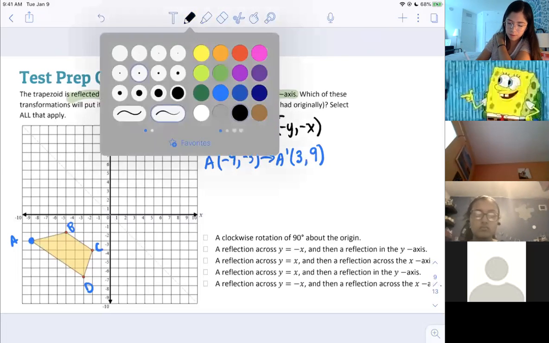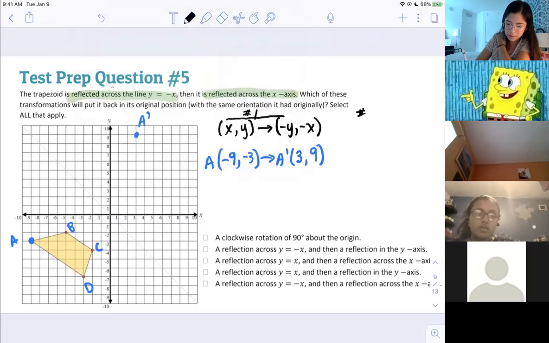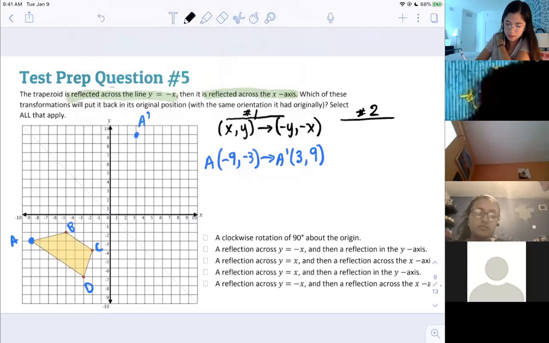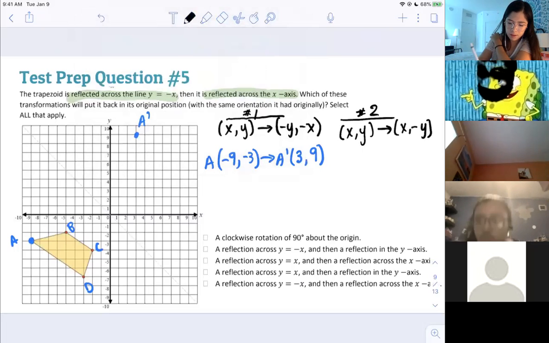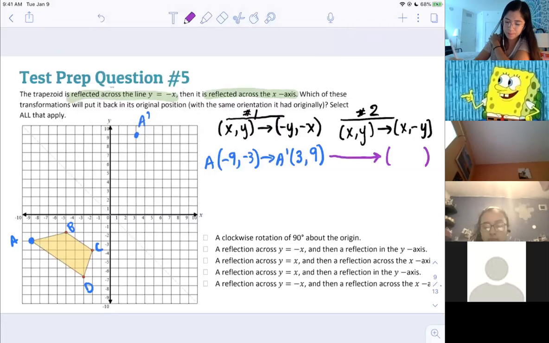What's my rule for a reflection across the x-axis? It's x comma negative y. Good. So what does A prime become when you use this transformation?